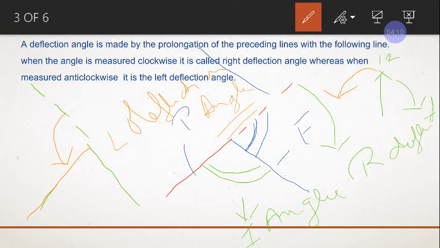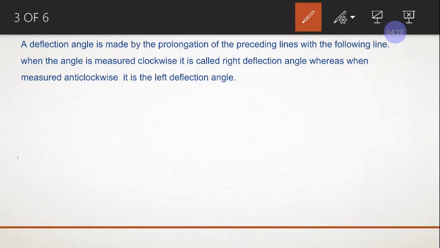Understood what left deflection and right deflection are? So the deflection angle is the angle made by the preceding line's prolongation with the successive or following line.